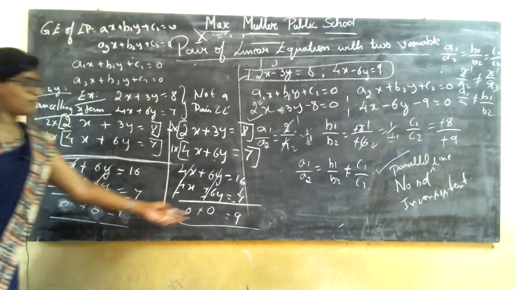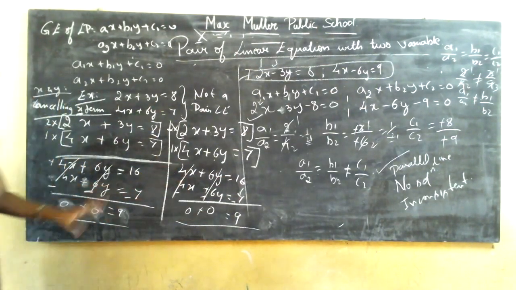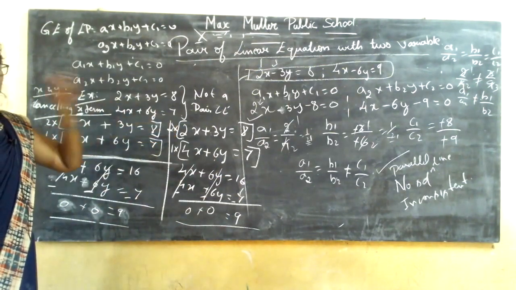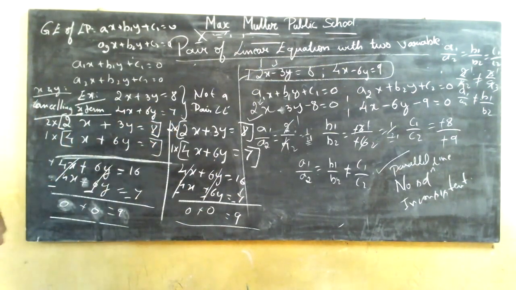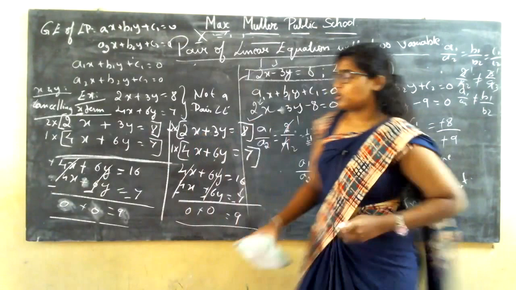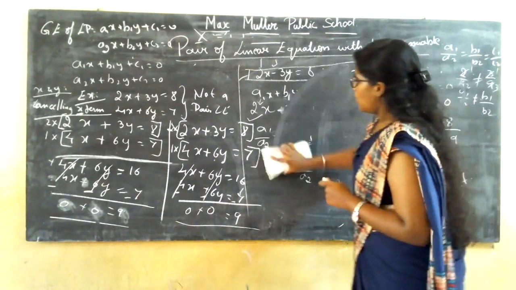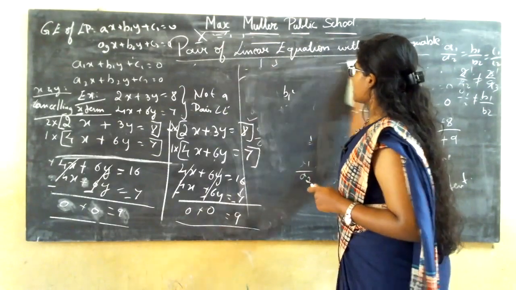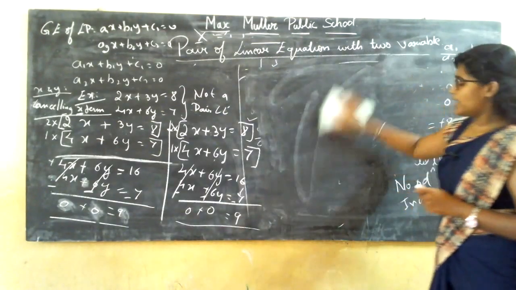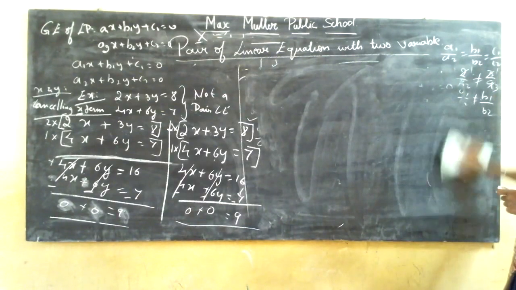If both x and y terms are 0 at the same time, then you are going to say it is not a pair of linear equations. Questions like this will also be asked in your papers, where they give the value of x and y is equal to 0 and they give different values also.